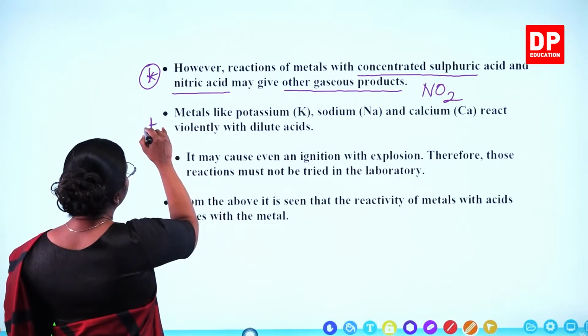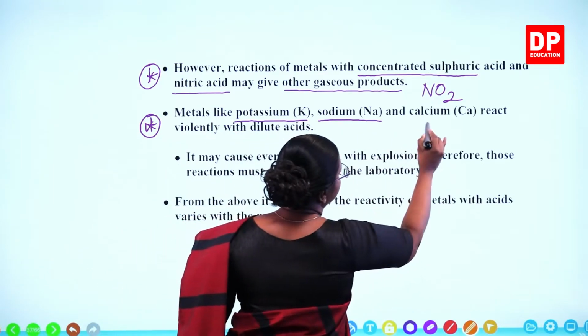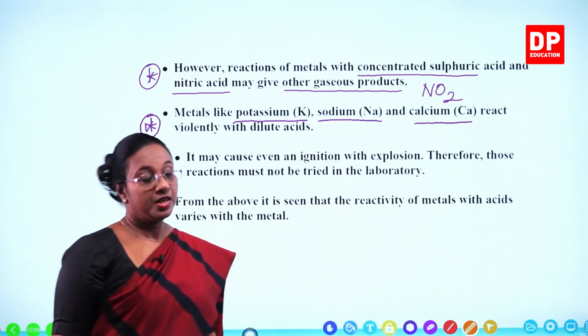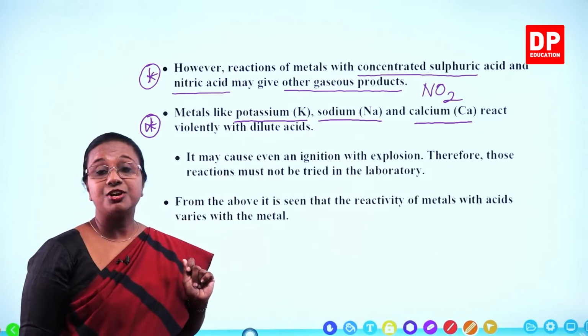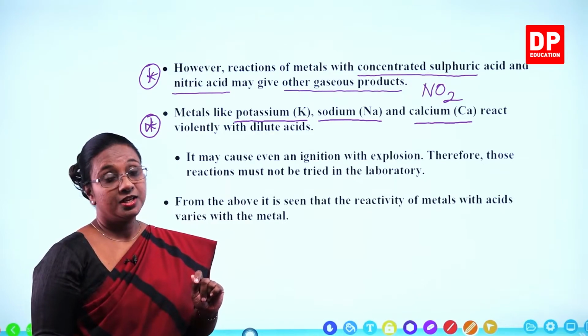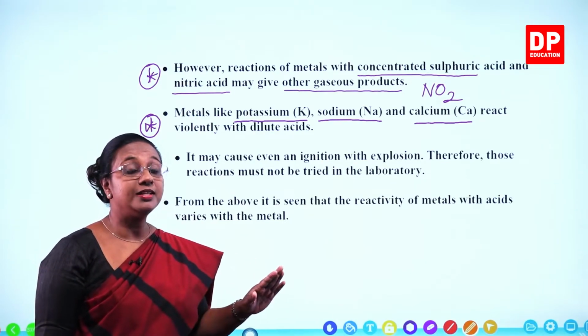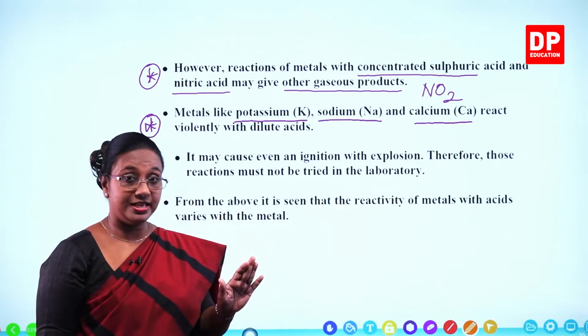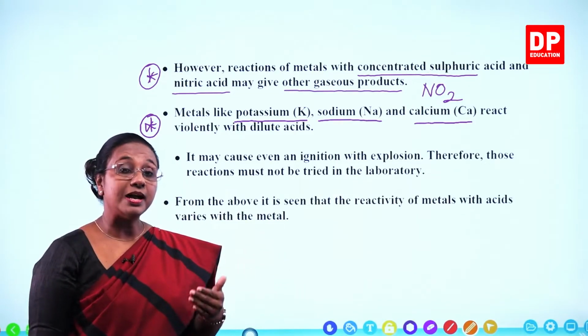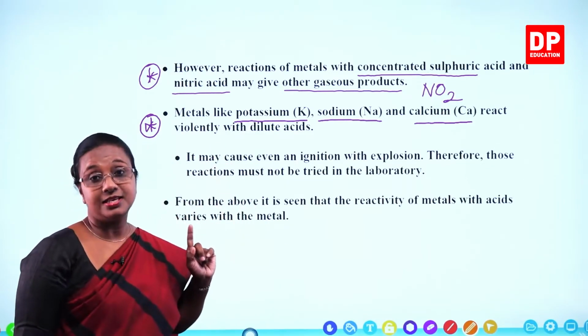When you look at metals like potassium, sodium and calcium. Now we already did the reaction of sodium with water. That was a violent reaction. Then there itself I told you all we did not try the reaction with hot water or steam, because I told you it might be very, very violent. So here this is with acid.